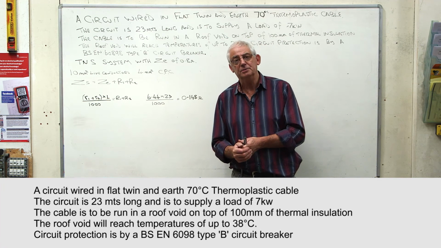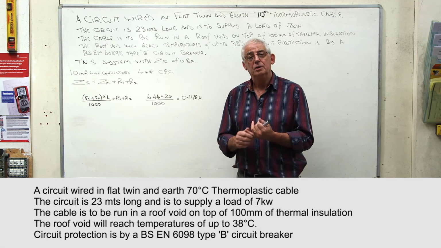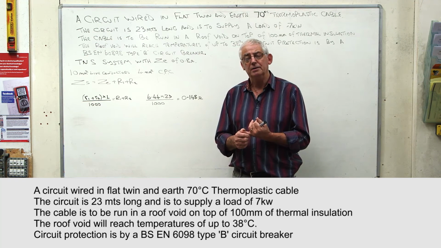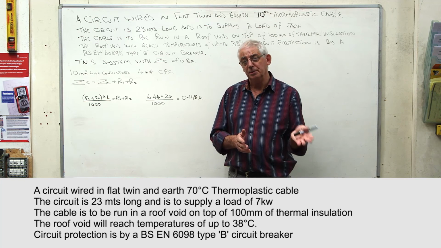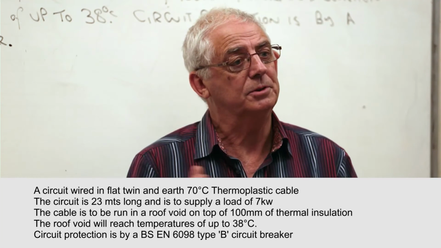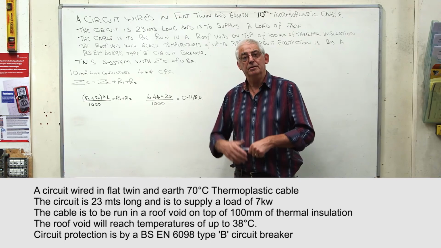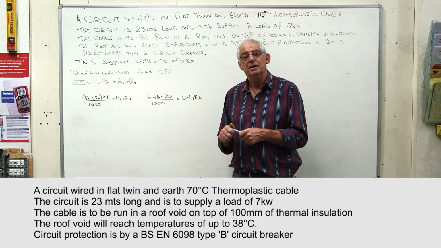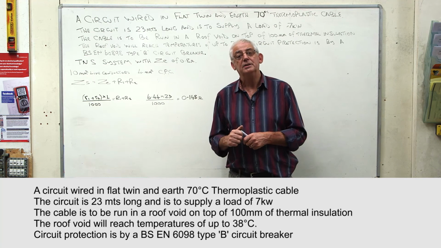We have to take that into account. The resistance of our copper that we use will rise by 2% for every 5 degrees rise in temperature. So if our cable starts off at 20 degrees and it goes up to 70 degrees, it's going to rise 50 degrees. So if it raises 50 degrees in temperature, that means that the resistance is going to increase by 20%.